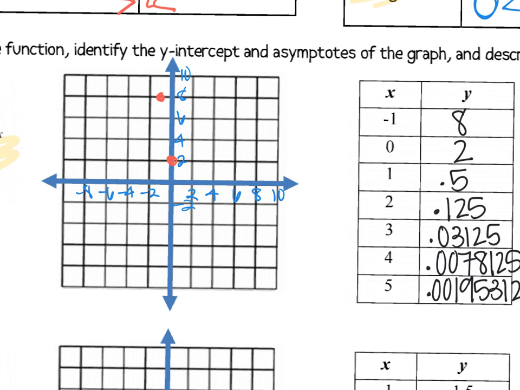So as you can see, there's a big difference already between the first couple. 1 and a half. So 1's about here, so a half is about right there. And then it's 2, 0.125, which is really close here.